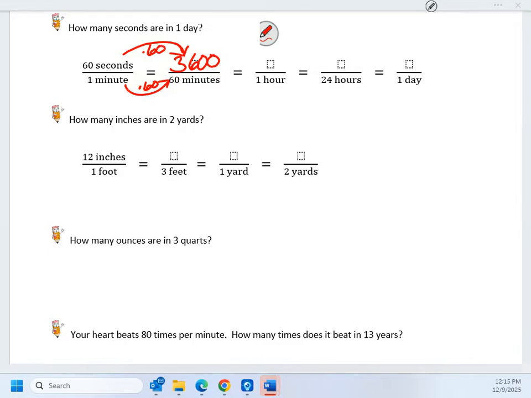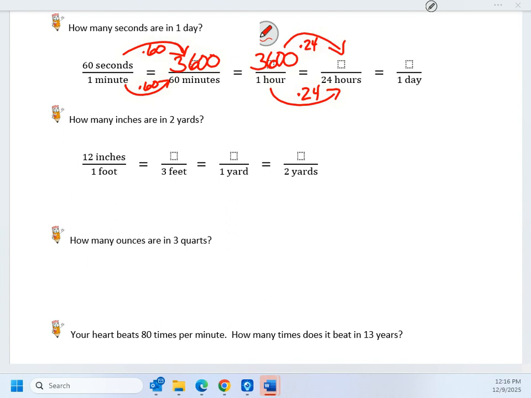Now, from 60 minutes to 1 hour, did we multiply by anything? Now we just changed the name. We know 60 minutes is 1 hour. So our number on top stays the same. Now to go from 1 hour to 24 hours, what math do we do, Joe? Multiply by 24. We're multiplying by 24, so we have to do the same to our top.